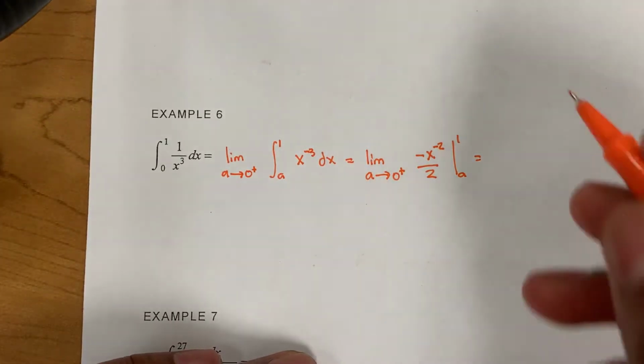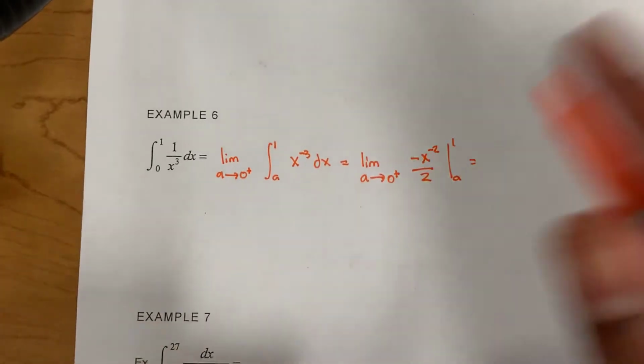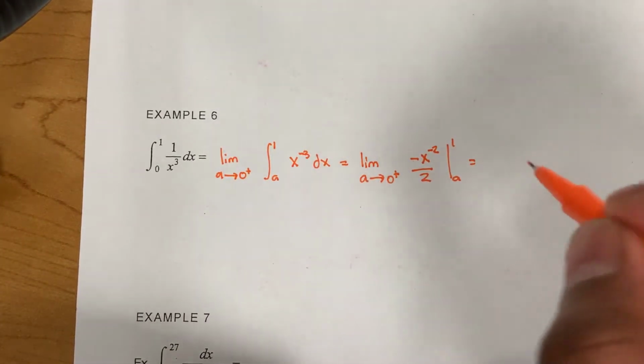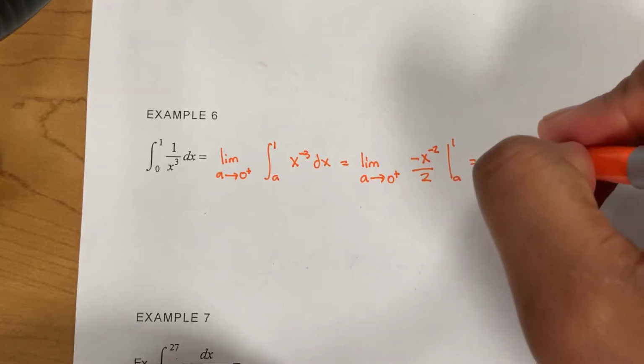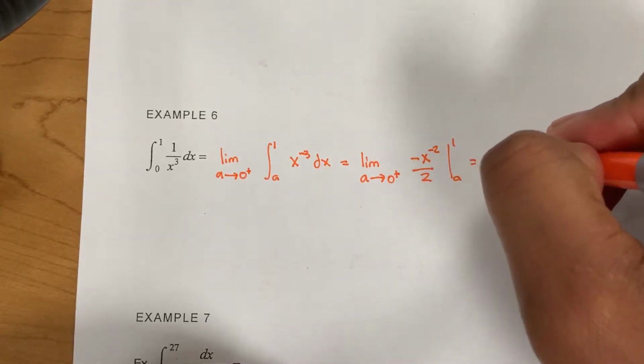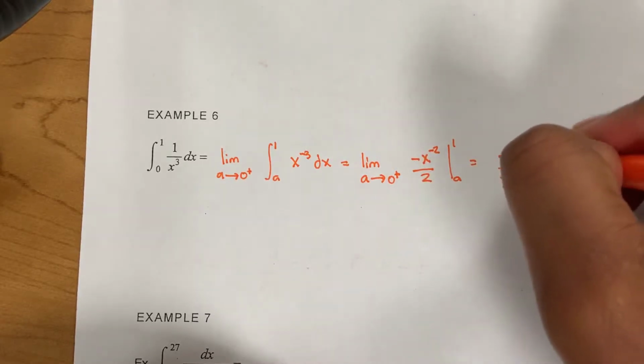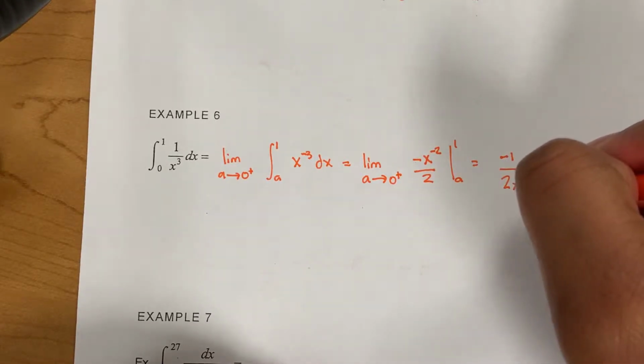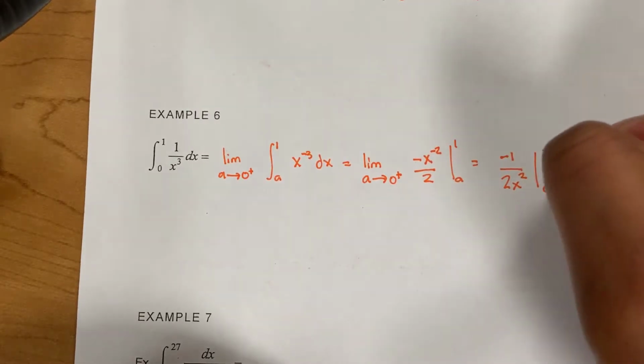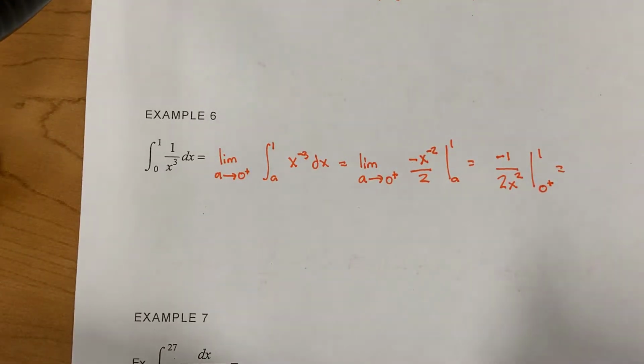And so again, improper notation coming up right now. Bad notation is us having just negative 1 over 2x squared evaluated from, we'll put 0 to the right, and 1. Now, we can still make sense of this, though.